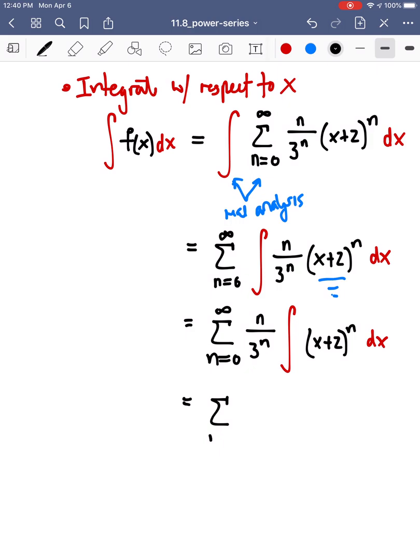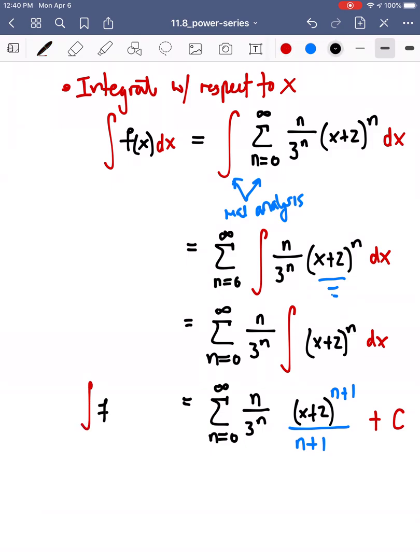And we can easily anti-differentiate that using the antiderivative power rule. And we would get x plus 2, and by the antiderivative power rule, we bump up that power by 1 and divide by that power plus 1 as well. And because this is an indefinite integral, we get to tack on a plus c. So at the end of the day, when we integrated that original power series, which we're calling f of x, we just get to do the anti-differentiation power rule, and that gives us everything we want.